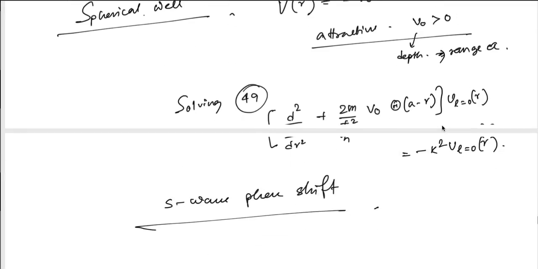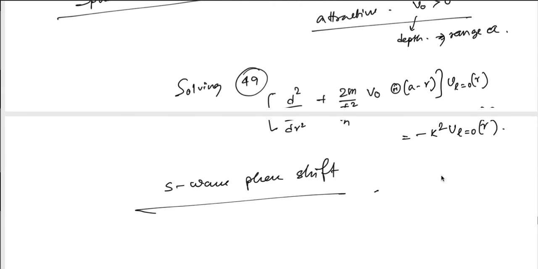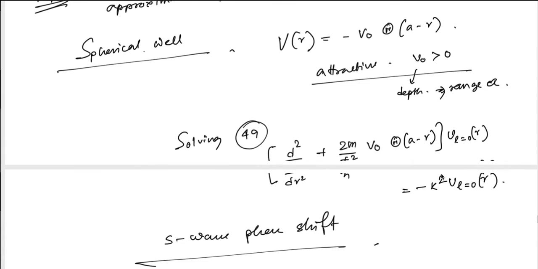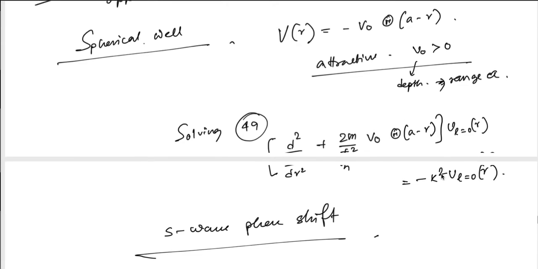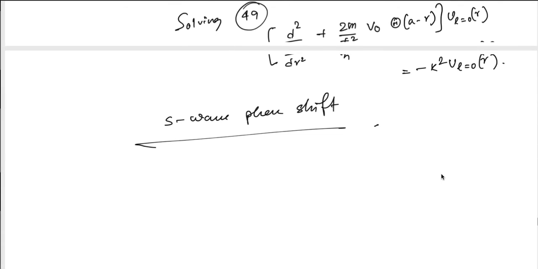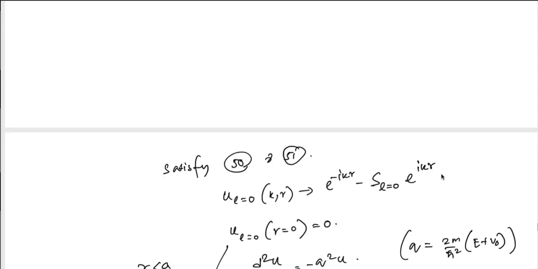When we do that, we get this equation which we have to solve, and as we argued, we have to work out the S wave, because semi-classically only the low l will contribute, so let's say only l equal to 0 we are interested in.